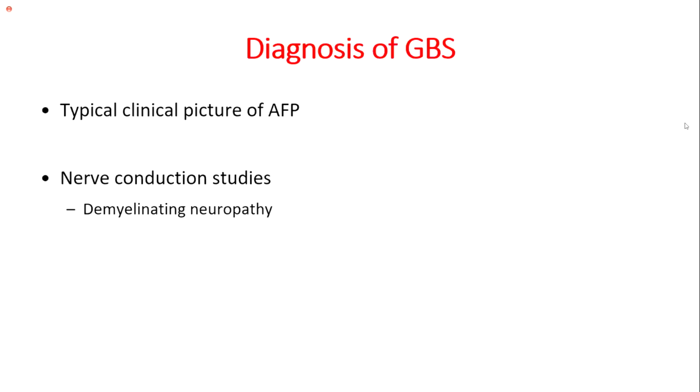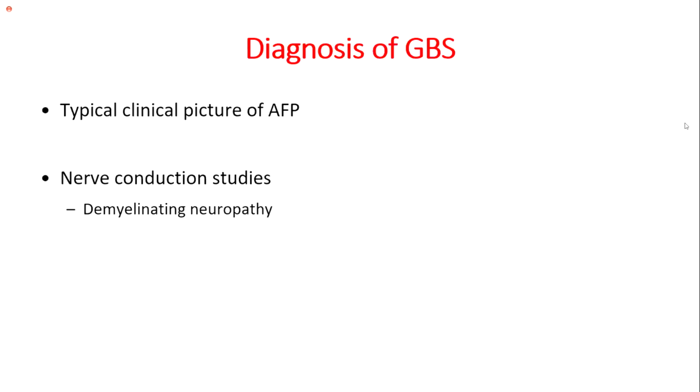What is the problem? The problem is that nerve conduction changes become most obvious after about 2 weeks. And I told you already, by the time nerve conduction becomes very obvious, it is too late to be of use in the management.